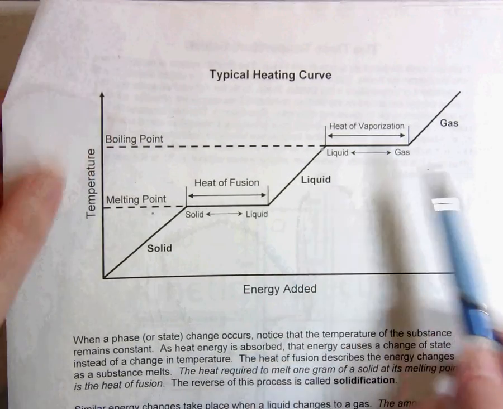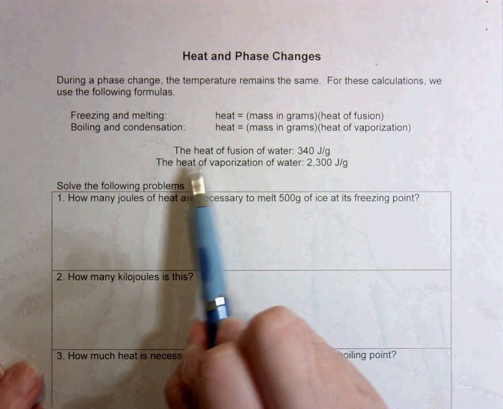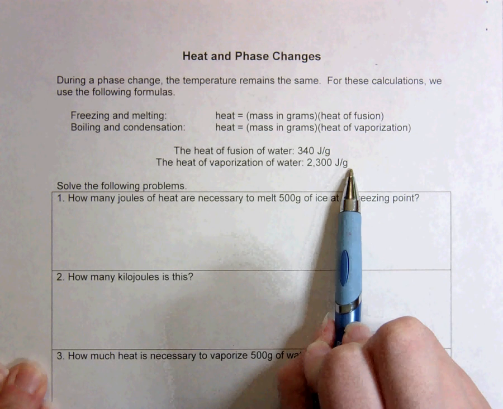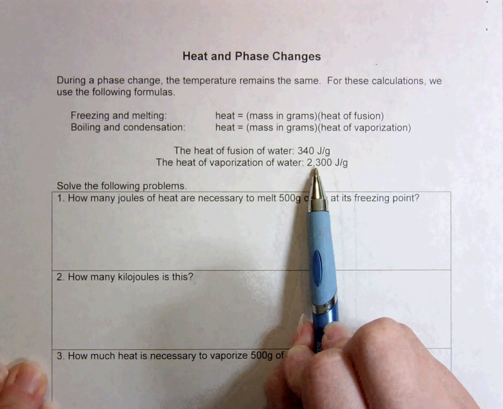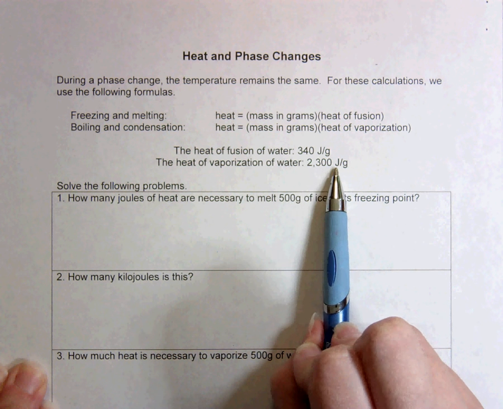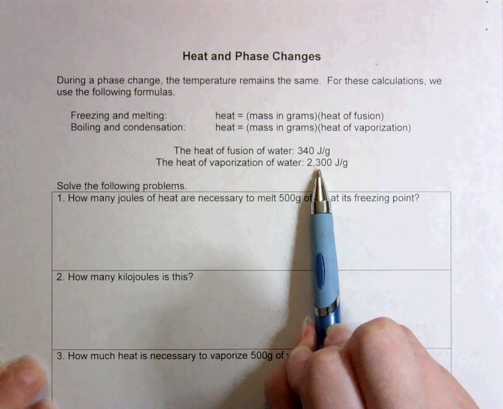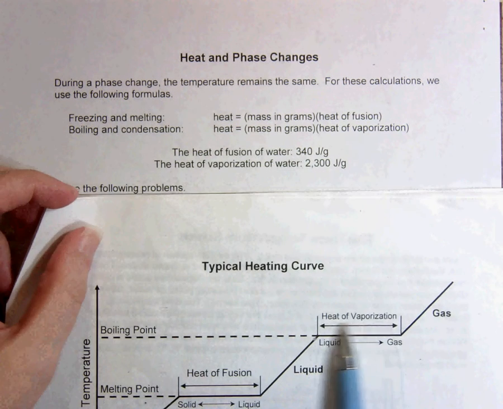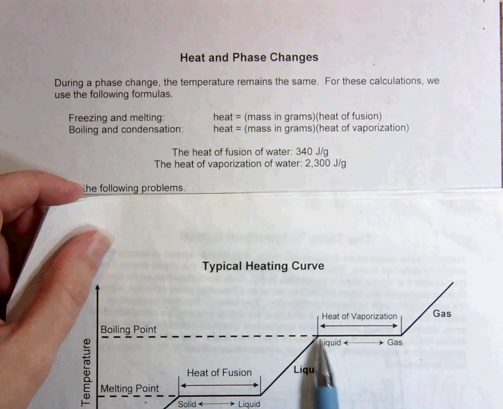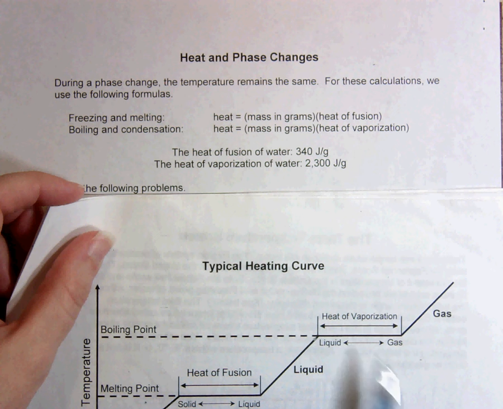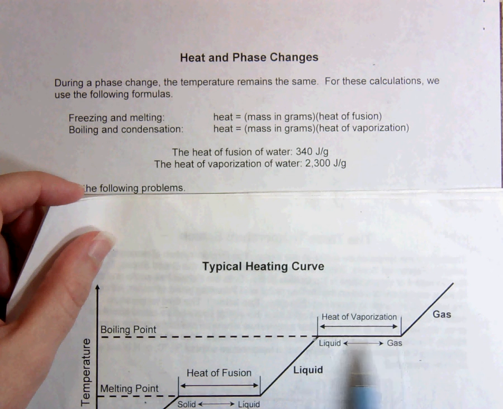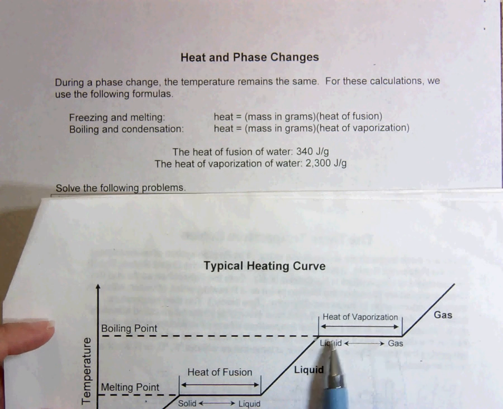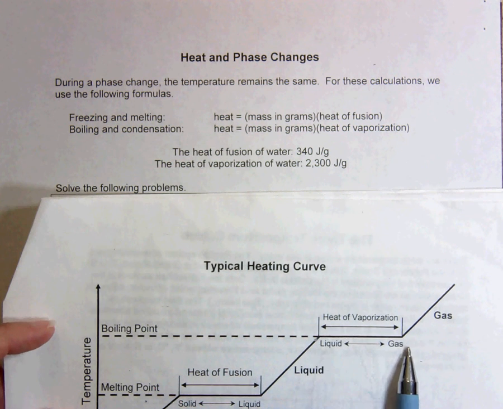The heat of vaporization, however, says that for every gram of water I have, it's going to take 2,300 joules of energy to turn it from a liquid to a gas. Here's our heat of vaporization. So it takes 2,300 joules of heat energy to change 1 gram of water from a liquid to a gas.